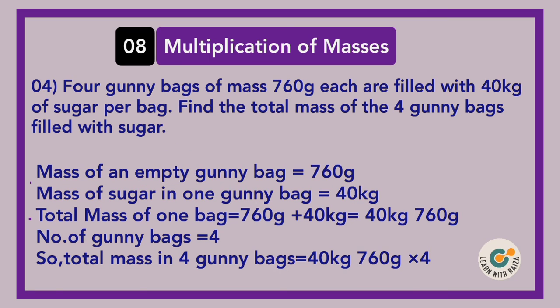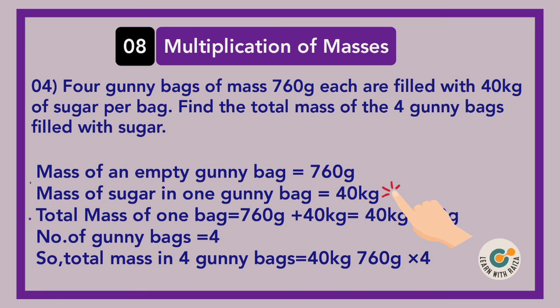Question number 4. 4 gunny bags of mass 760 gram each are filled with 40 kilogram of sugar per bag. Find the total mass of the 4 gunny bags filled with sugar. Now, each bag is filled with 40 kilogram of sugar, and you have to find the total mass of 4 gunny bags. So an empty gunny bag is 760 gram.